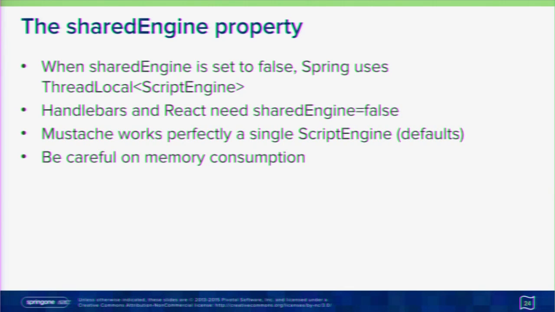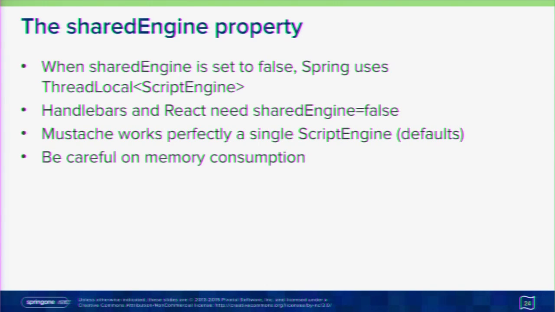By default, the script templates support uses a single Nashorn instance because some JavaScript libraries do not use any kind of shared variable. So for example, with Mustache, you can use a single Nashorn instance and that will work perfectly.